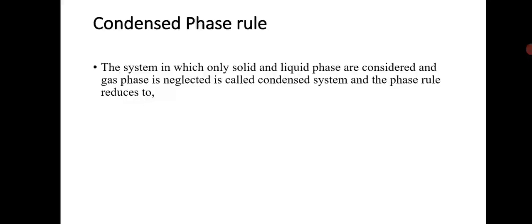Here, the pressure is kept constant. Therefore, the phase rule becomes F dash is equal to C minus P plus 1. This equation is called the reduced phase rule. Here, we consider only the solid and liquid phases alone. Gaseous phases are ignored. That's why this system is called a condensed system or condensed phase rule.